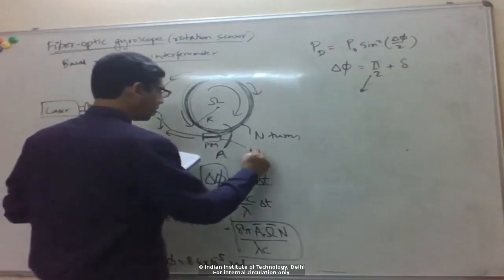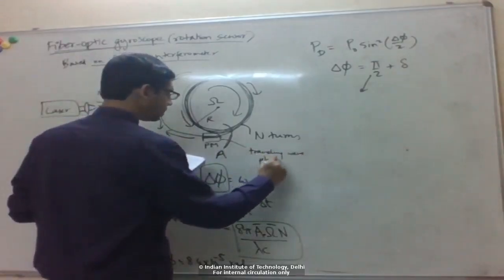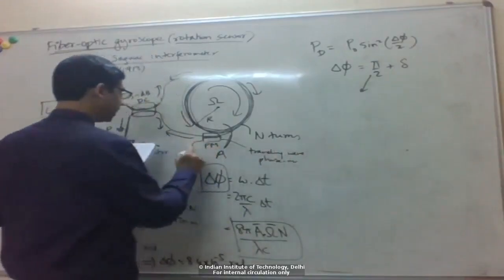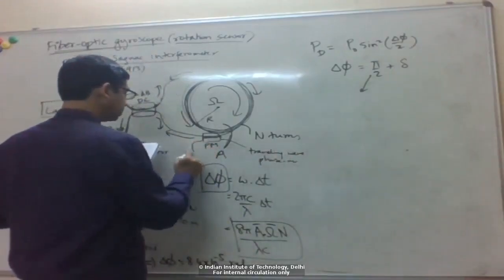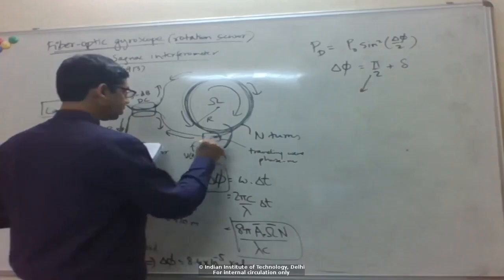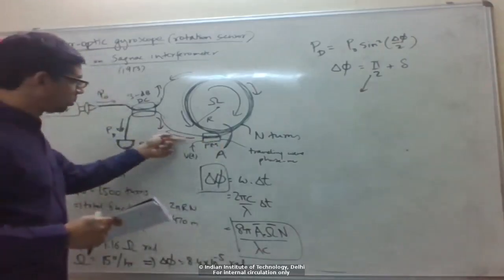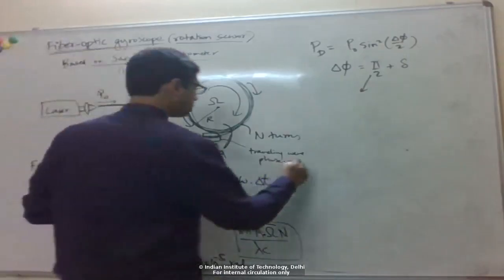If you use a traveling wave phase modulator, it has some electrical input here, some V of t, which gives me a phase shift proportional to the voltage that I apply.